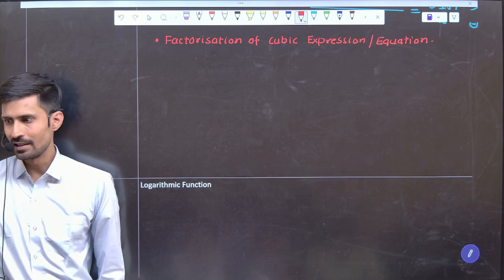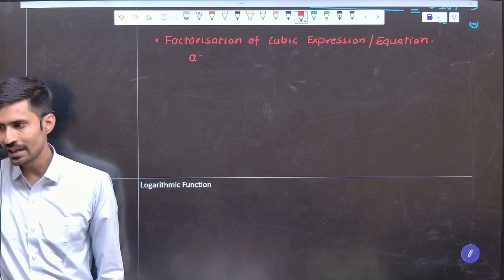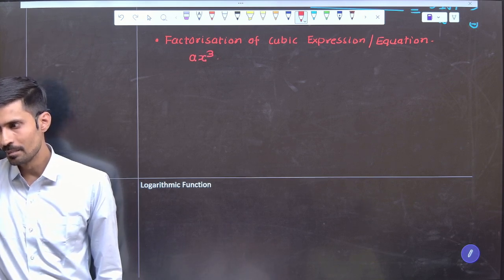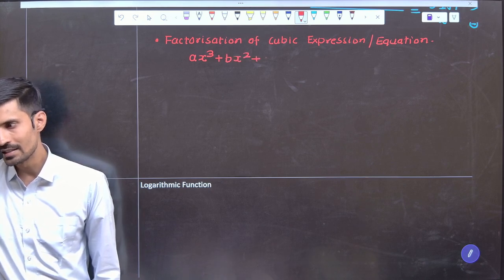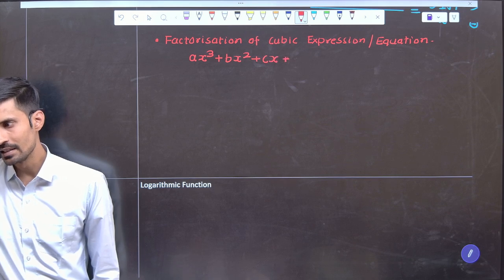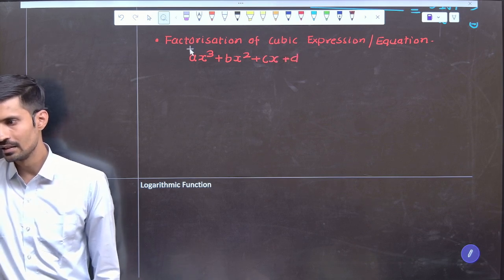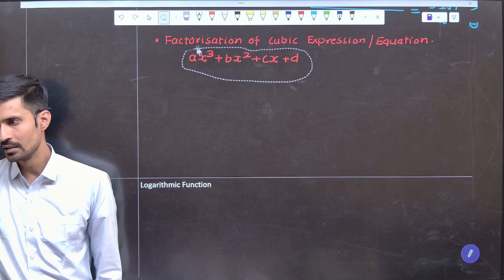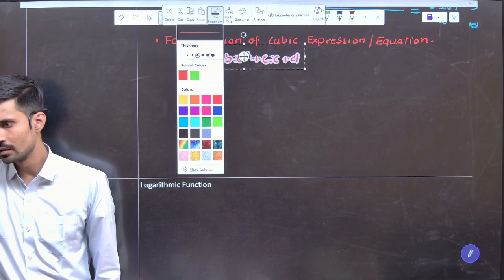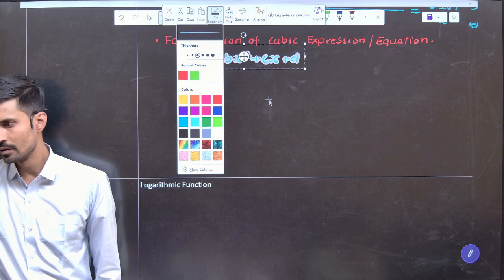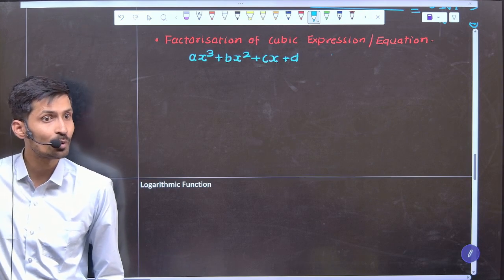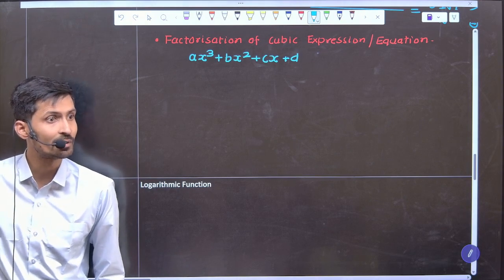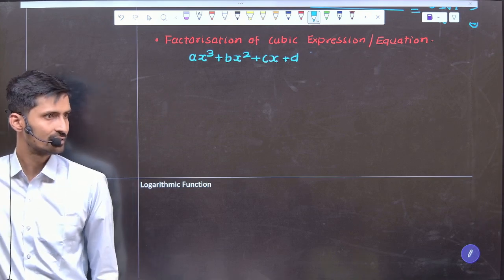Cubic expression: how to write a cubic expression? ax cube plus bx square plus cx plus d. This is a cubic expression. I am not going to put an equals sign, else it will become an equation.